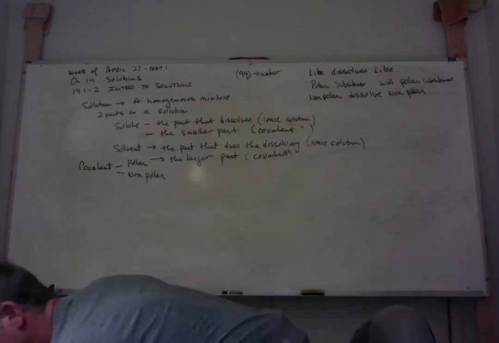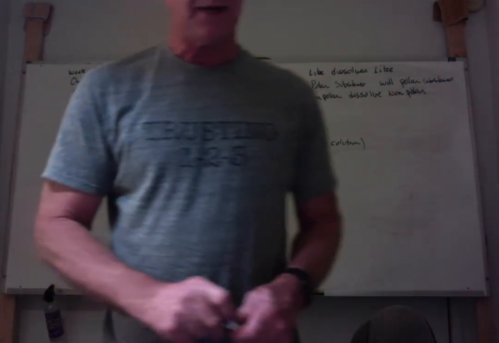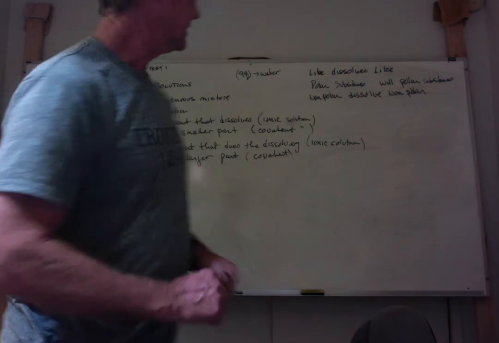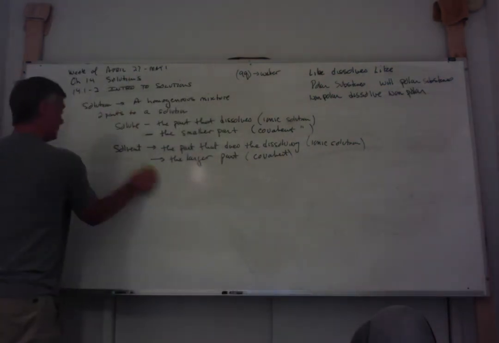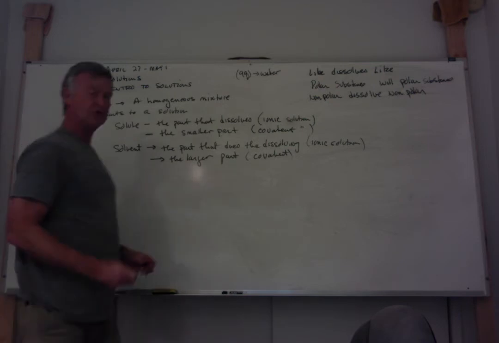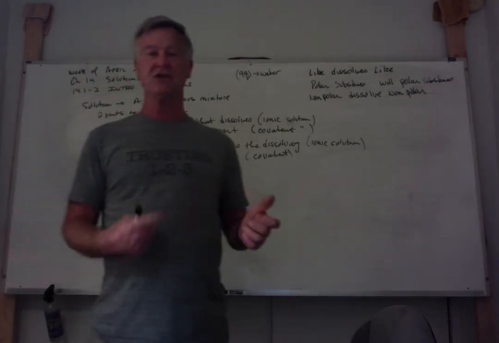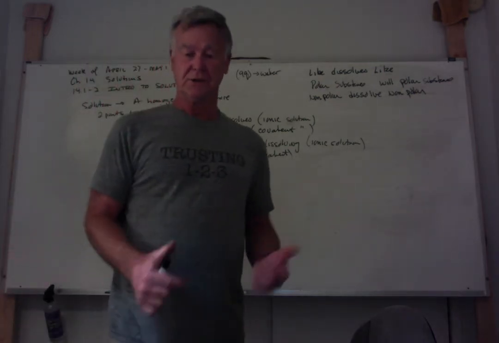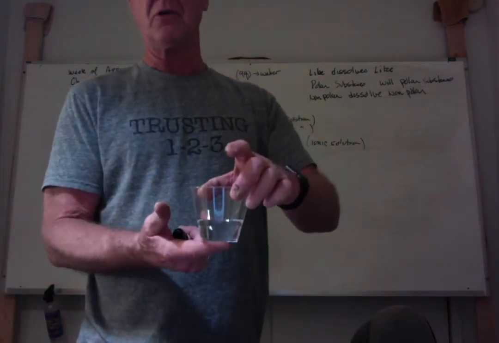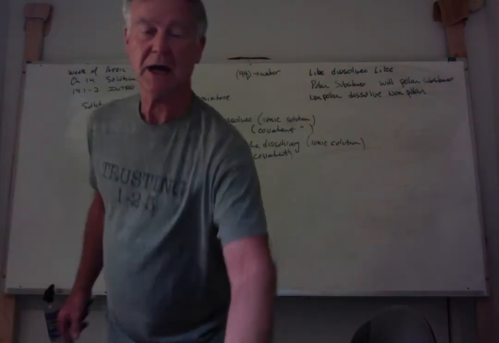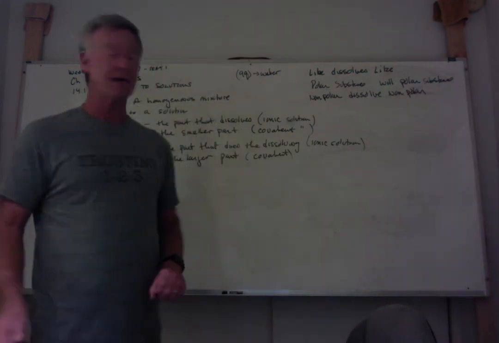Now, one other thing that I need to mention in here, and we'll end with this: when we start talking about solutions, there's a constantly changing ratio. So if I put a little bit more alcohol in there, I have the same alcohol-water mixture, but I don't have the same ratio.